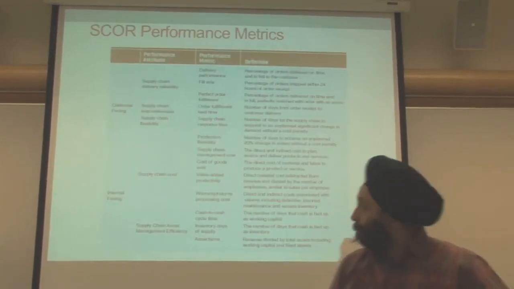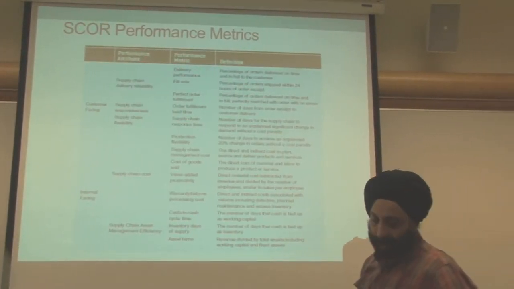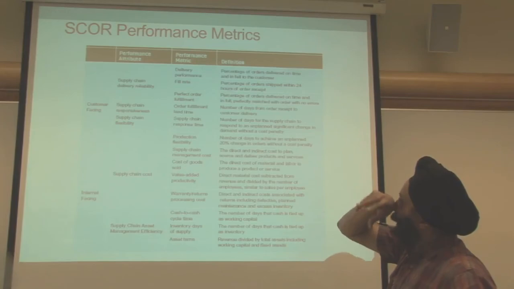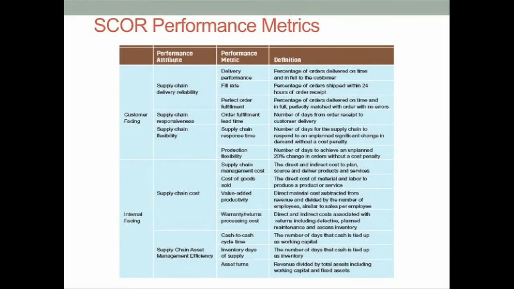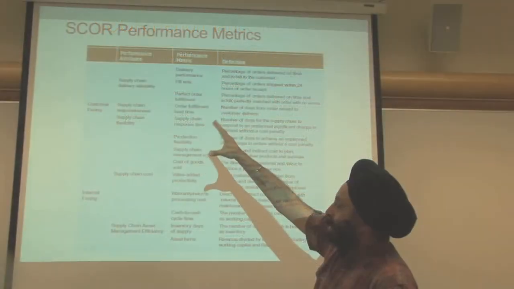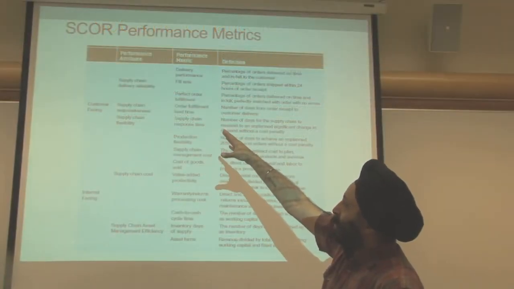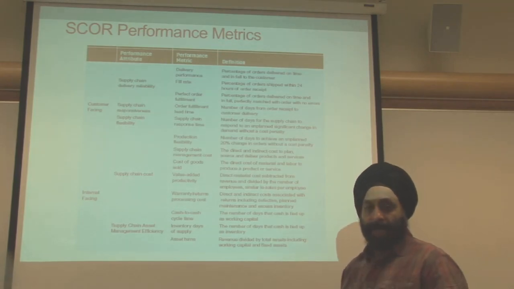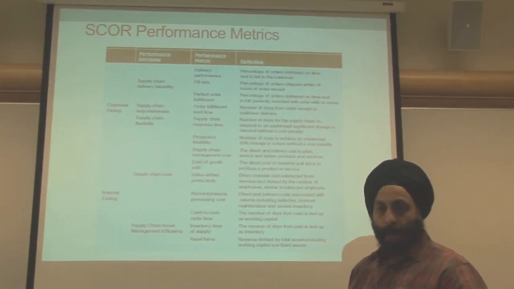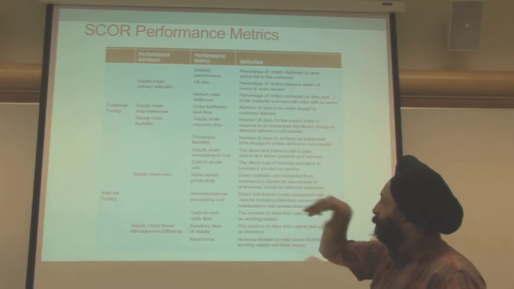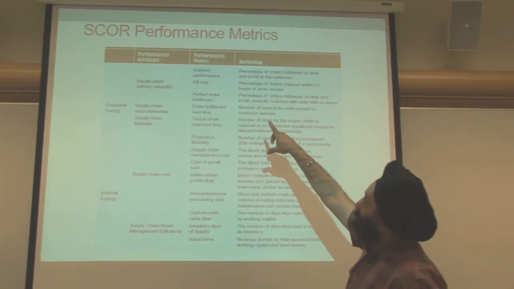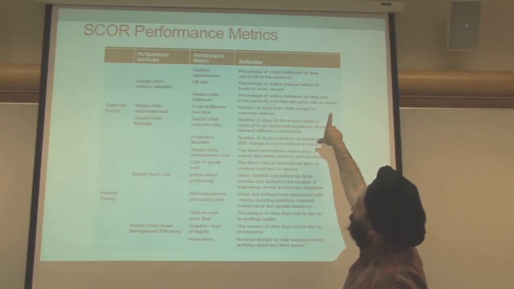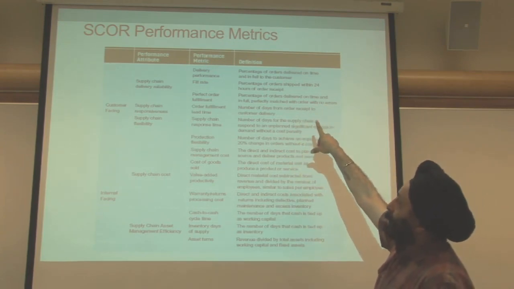And in this case, the performance metric is basically for each one. You have customer-facing, the front-end office focusing on delivery reliability, how often the right type of product is delivered to the right customer. So focus on delivery performance, the percentage of orders delivered on time and in full to the customer.